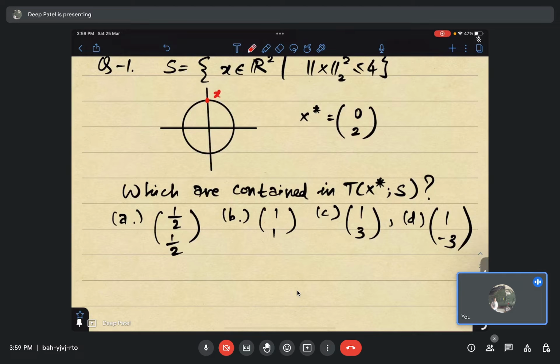Right, so this is my x star. Where is point A? Point A is maybe somewhere here. Point P is (1, 1), so that is somewhere here.